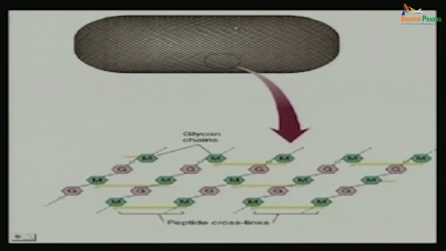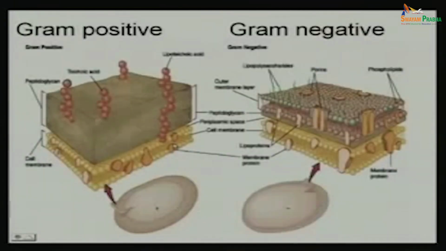This network is nothing but the polymerization of NAM and NAG, that is the glycan chains, with the amino or peptide cross-linking.